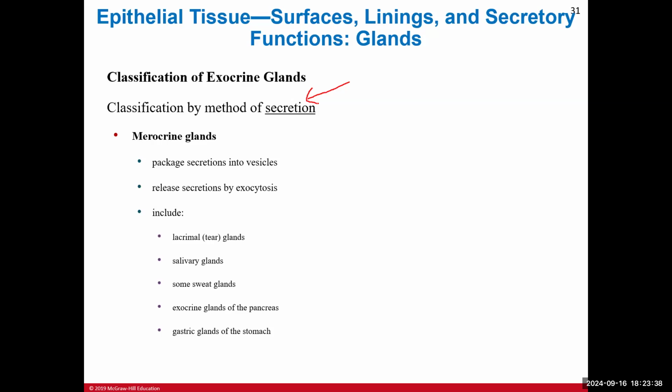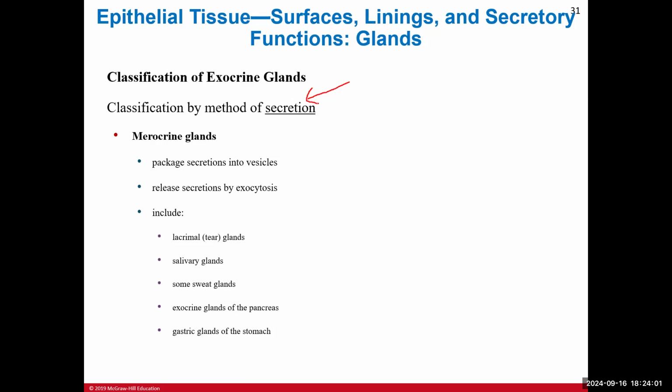What these glands will do is that the organelles inside the glands are going to make their secretions, and they're going to put them into vesicles. We're familiar with vesicles because in chapter 4, we learned about the secretory vesicles that the endoplasmic reticulum and the Golgi apparatus make. So something similar to that.